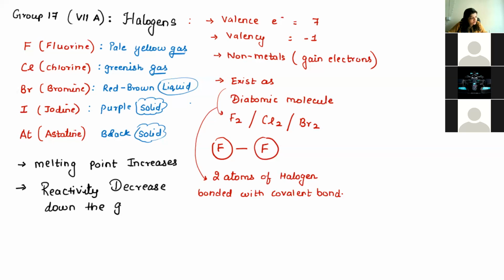Why? Because who has more reactivity, gas or solid? Who has more kinetic energy? Samuel, who has more kinetic energy, gas or solid? Samuel, are you there in the class?